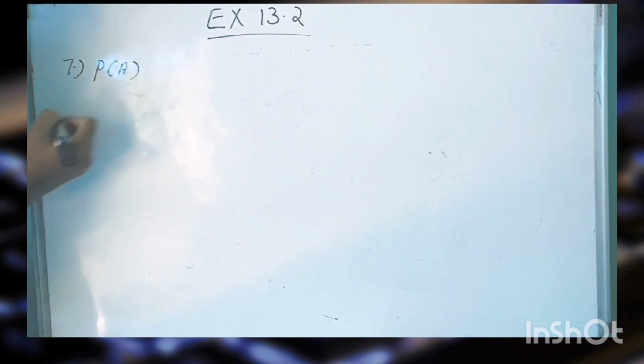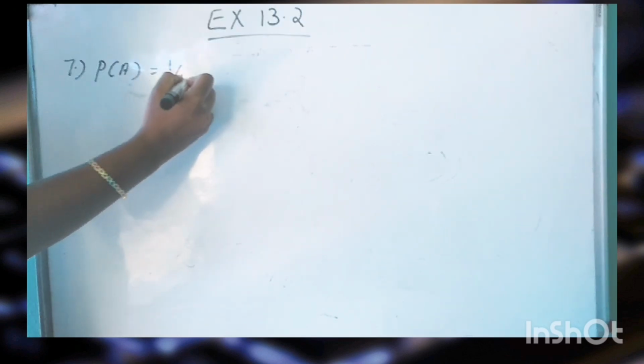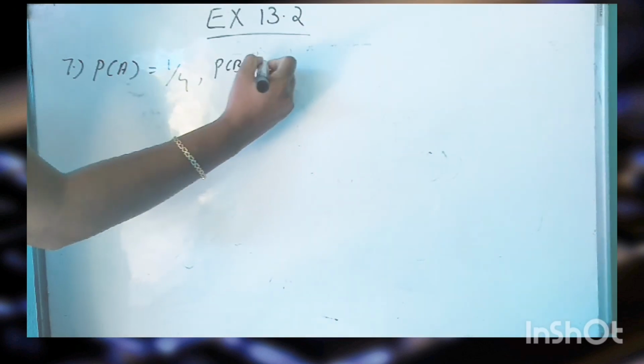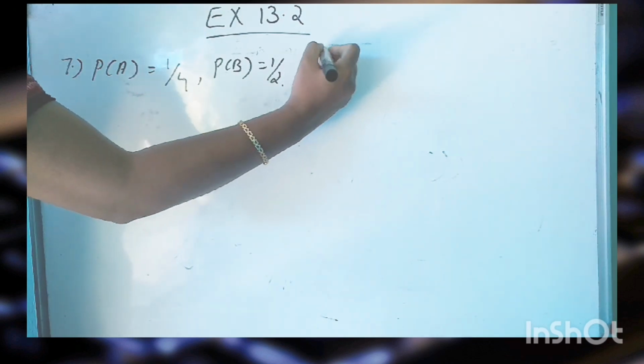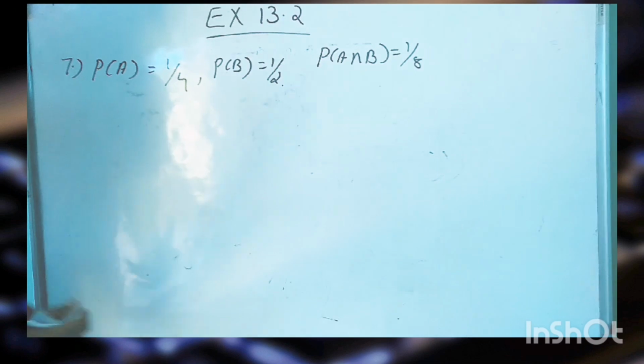P of A, that is given in the question, is equal to 1 by 4. P of B is equal to 1 by 2. P of A intersection B is equal to 1 by 8.